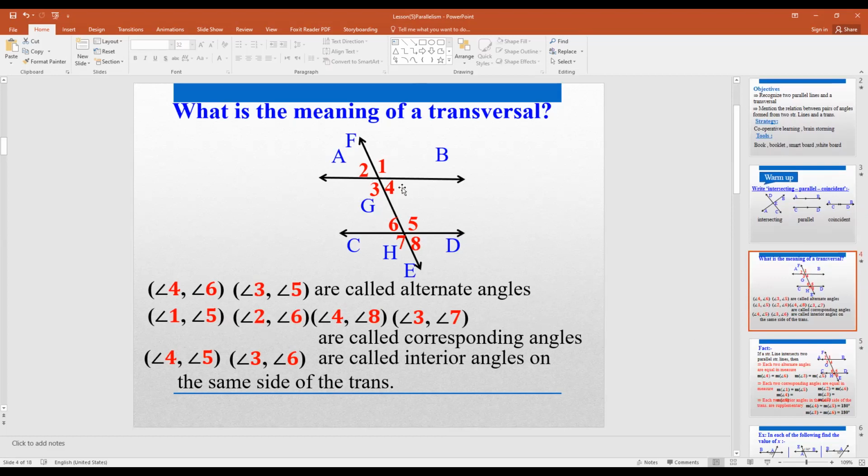Look at angle 4 and angle 6. Angle 4 and angle 6 are equal in measure. Why? Because the two angles are called alternate angles.